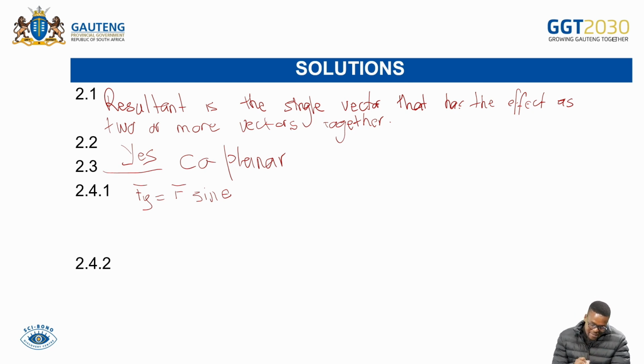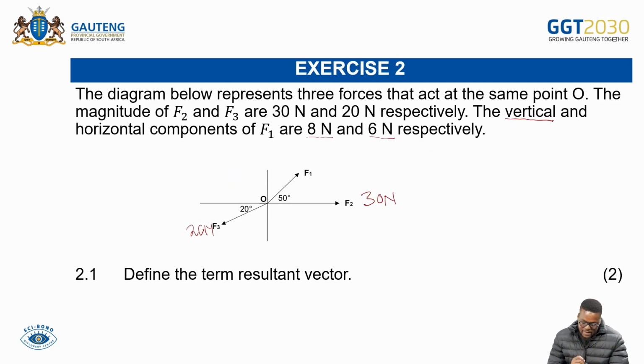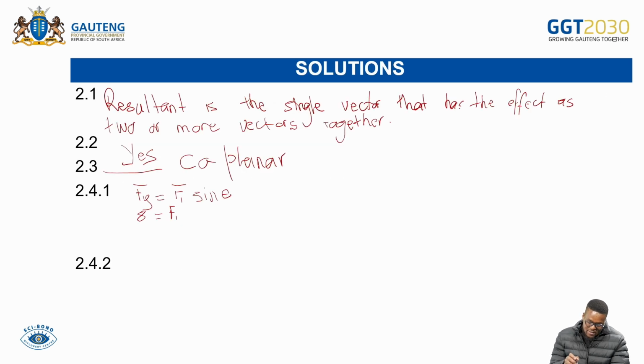They said Fy is equal to 8, and F is the F1 that we are looking for, right? What is the angle? The angle is 50 degrees. So it's going to be F1 sine 50 degrees. Remember, we're just doing the components, how to calculate Fx, the horizontal component, and Fy, the vertical component.